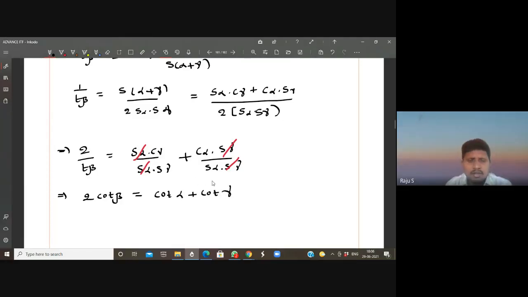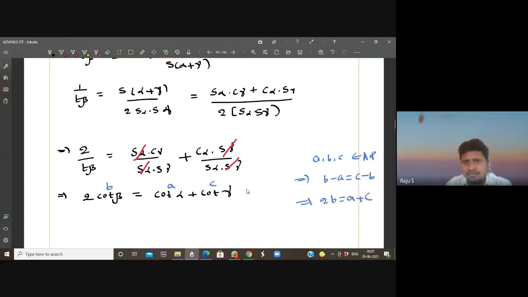Is it clear? Now it is in the form of, if I consider cot alpha as small a, cot beta as small b, and cot gamma as c, then a, b, c belong to arithmetic progression. Which implies b minus a is equal to c minus b, so 2b is equal to a plus c.